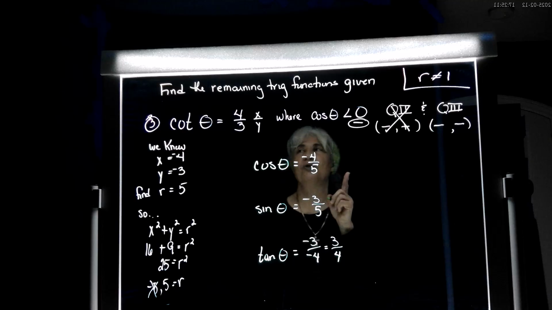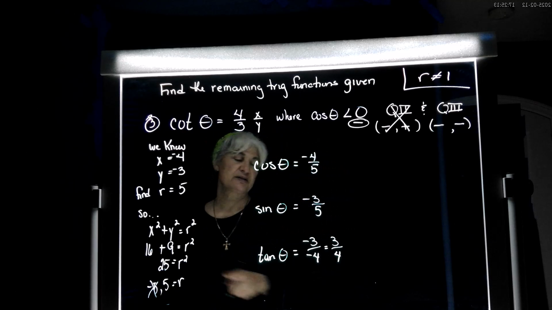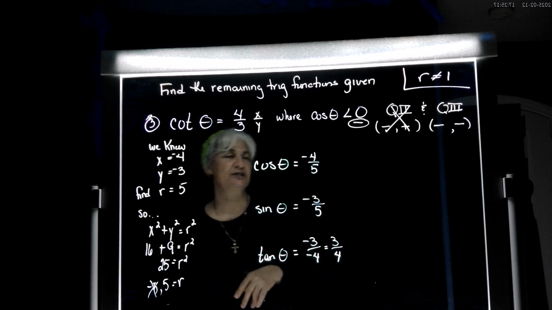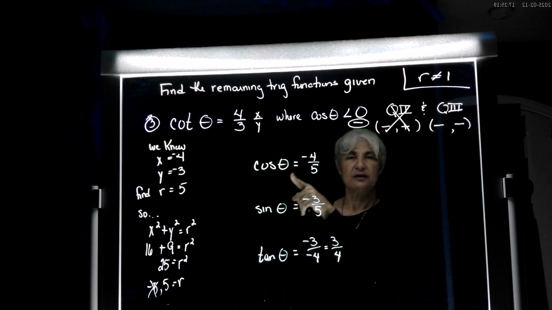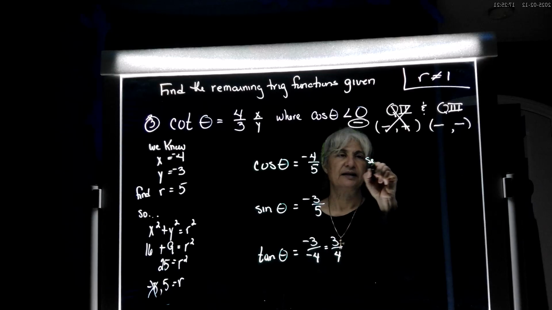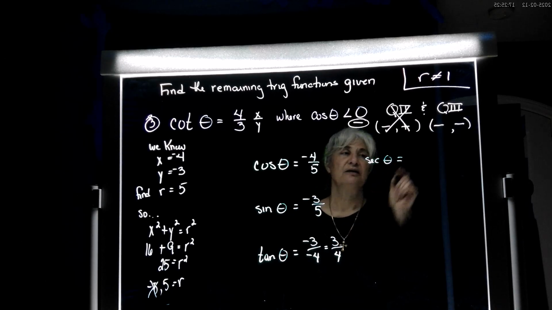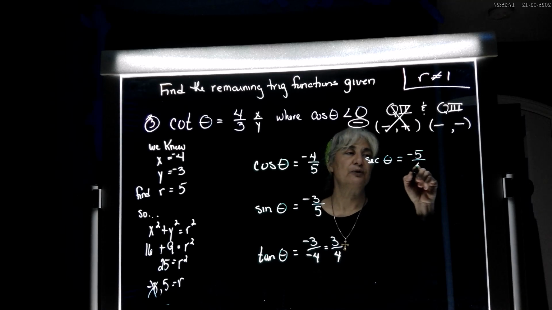Okay. Oh, by the way, if cotangent is positive, should tangent be positive? Because they're just reciprocals of each other. Got it. Good. Secant is the reciprocal trig function to cosine. Negative 5 over 4.